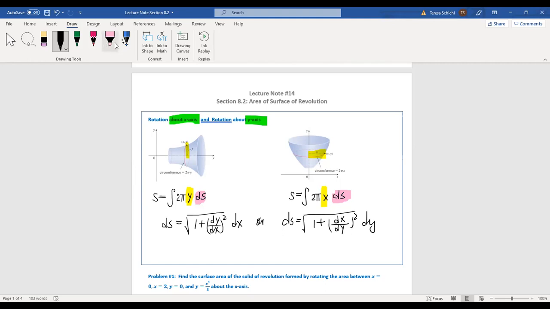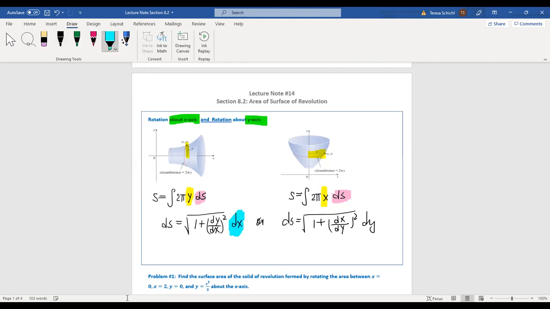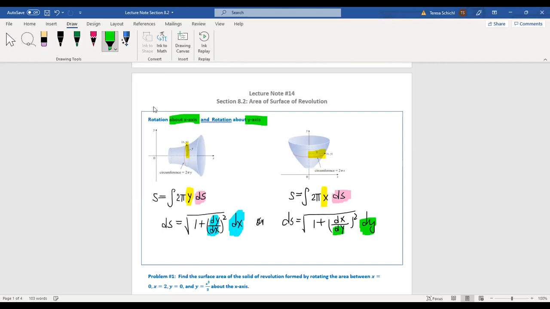All right, so each one will work here. If you do dx here, then you use dy/dx. If you do dy, then here it is dx/dy. Okay, so the formula is pretty straightforward.